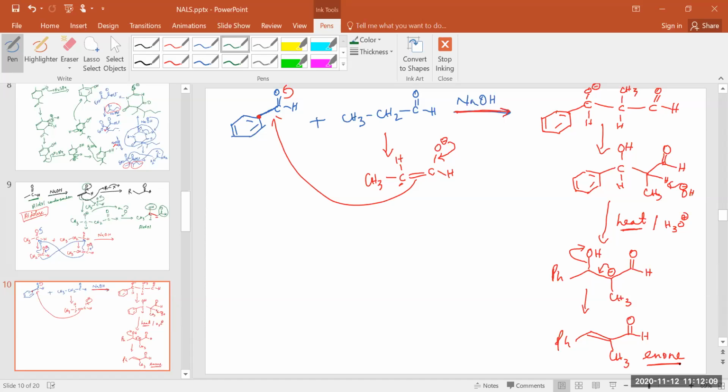will form the double bonded product. And now what will be the mechanism under acidic condition? You see this one, the OH can be protonated from the acid if you add the acid in the reaction.